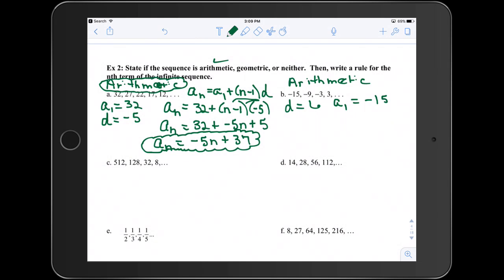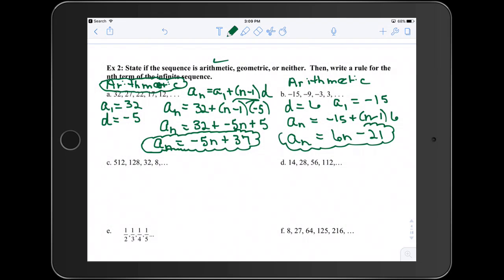So folks, this is where you're plugging and chugging. If you don't want to really use any common sense, you could just literally put it in, not even think too much about it. So what do we have? We have negative 15 plus n minus 1 times 6. And then simplify it really quickly to get it in, if you want to think of it in slope-intercept form, you end up with 6n, what do we have there, minus 21.